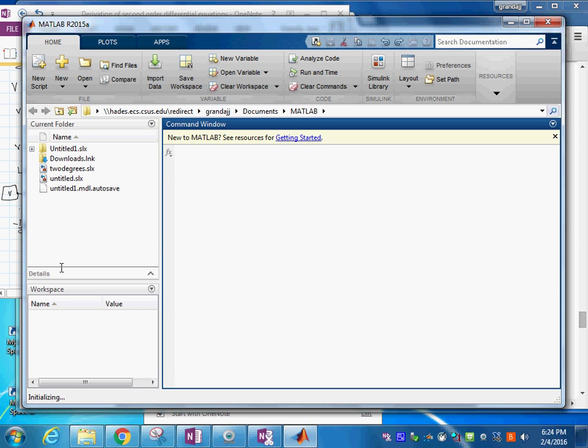Okay, so now it came up. We are at the prompt and we're gonna type Simulink.